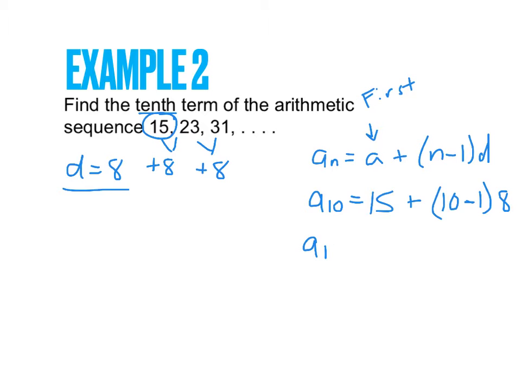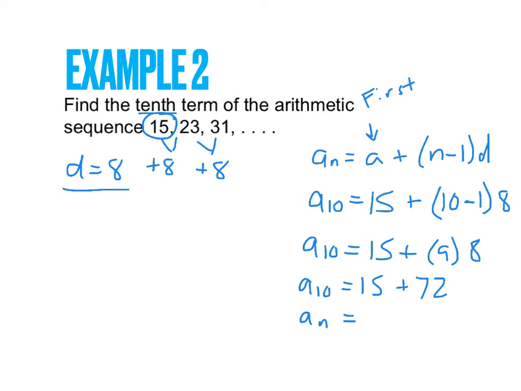The first thing we need to do is subtract what's in the parentheses. So we have 9 times 8. Now we need to multiply. 9 times 8 is 72. And then we add 72 plus 15, and we get 87. So our 10th term here would be 87.